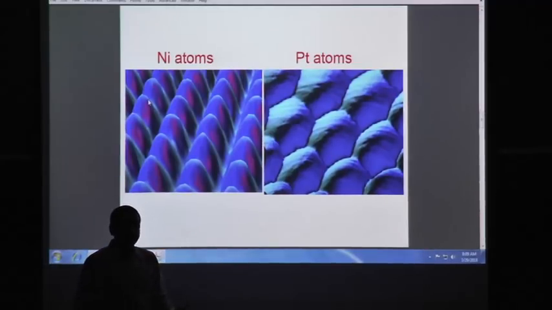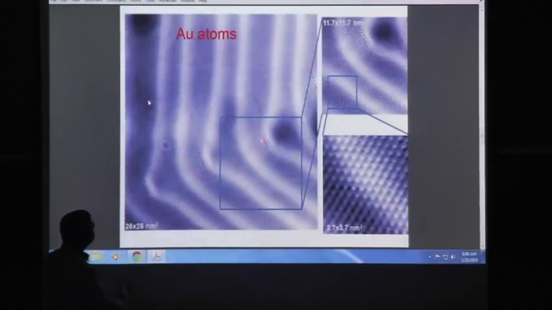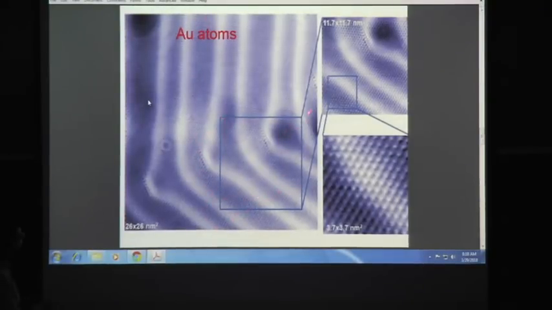You can actually see wave functions of electrons as well. This is an array of gold atoms. If I zoom in onto this region, it is about 11 nanometers by 11 nanometers. So this is an extremely small field of view inside this bigger array of atoms, and I can zoom in further.